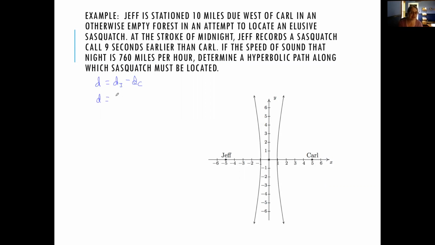So that's the speed of sound, which is 760 miles per hour, multiplied by the duration difference. So we got to go from hours to seconds and then multiply by the 9 seconds. And we get the Sasquatch was 1.9 miles closer to Jeff than to Carl.